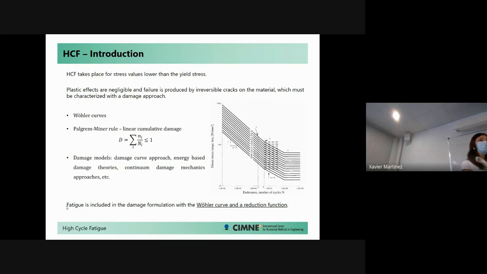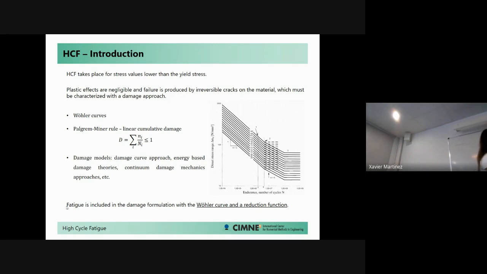I don't know if you've heard about this. It's quite easy and straightforward to use also. This is a law mainly used when we have several blocks of cyclic loading, and each block has a different stress amplitude induced in the material. So this is just a rule to accumulate the damage given by each different block of load.